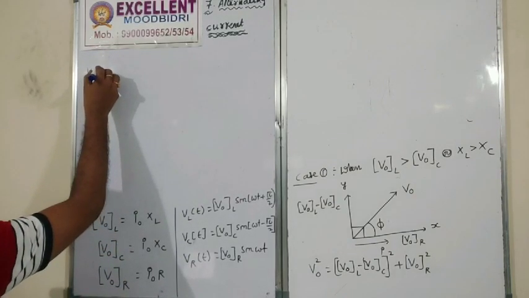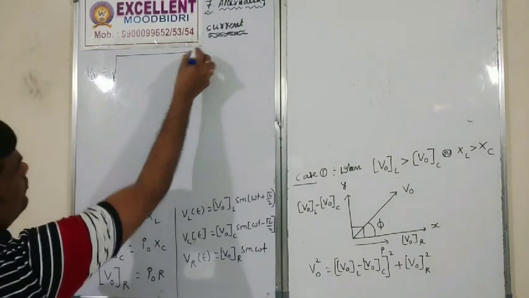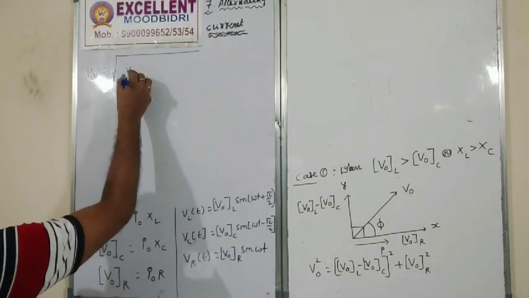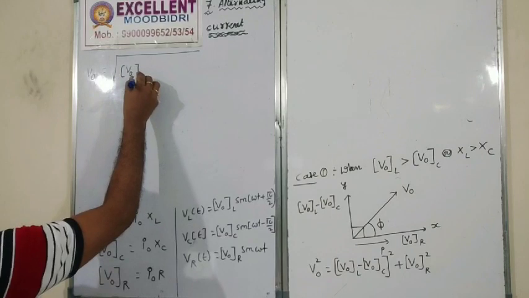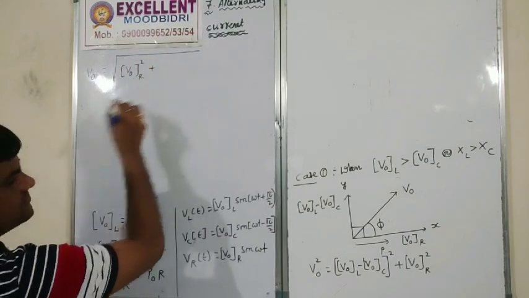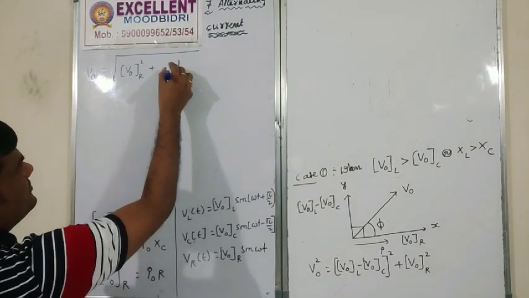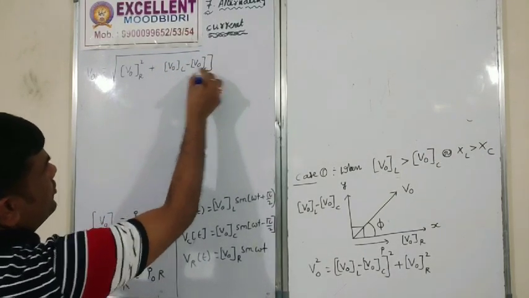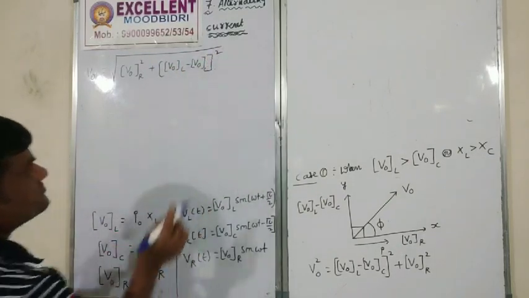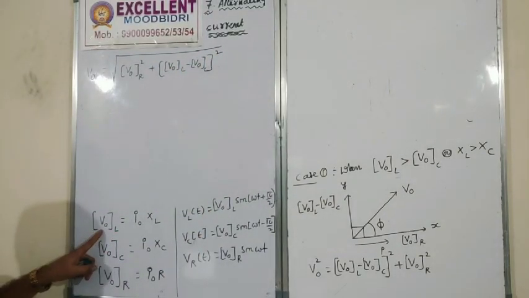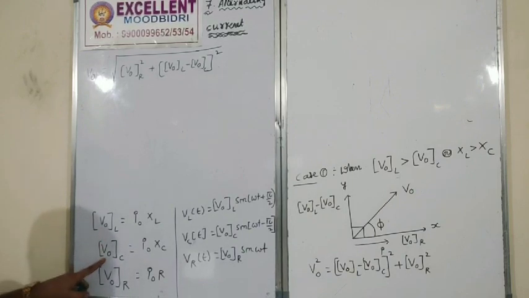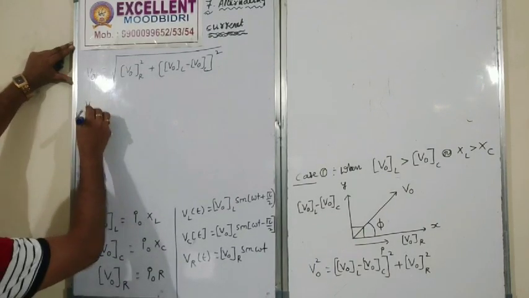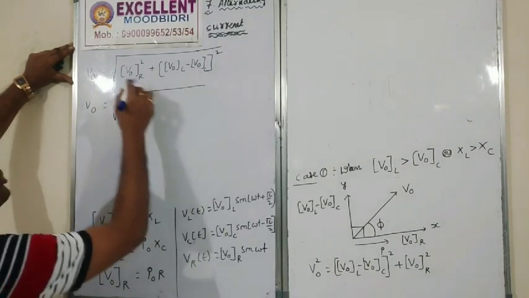So V naught is equal to root over V naught R square plus V naught L minus V naught C whole square. This one only. Correct? Already you know the V naught L value, as well as the V naught C value, and the V naught R value also, everything you can substitute there. Therefore, V naught is equal to root over V naught R square.